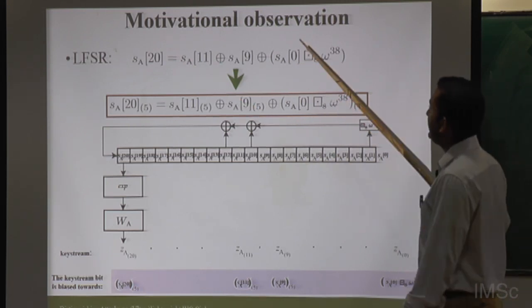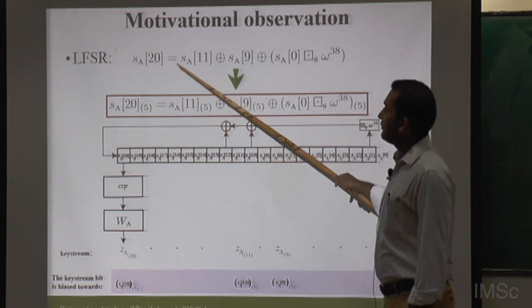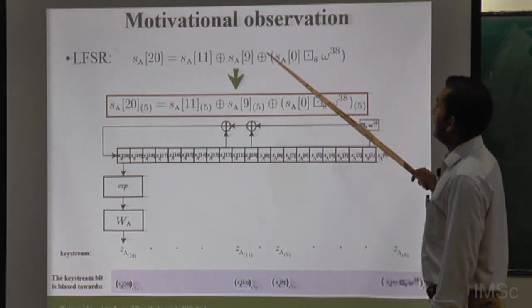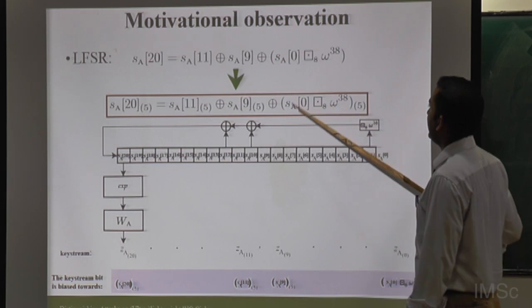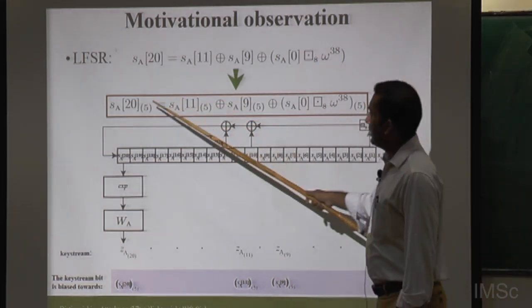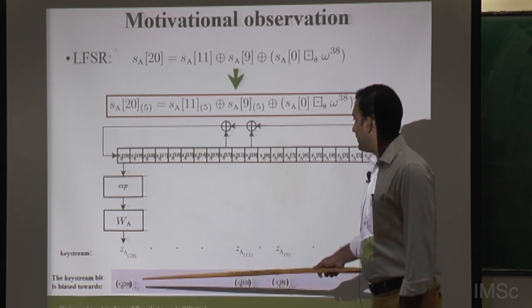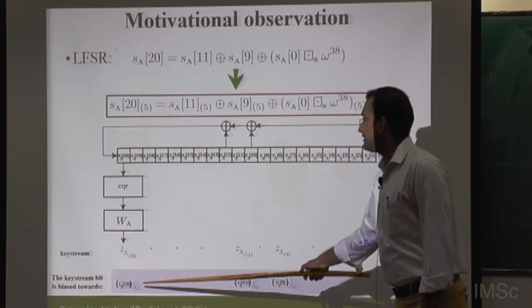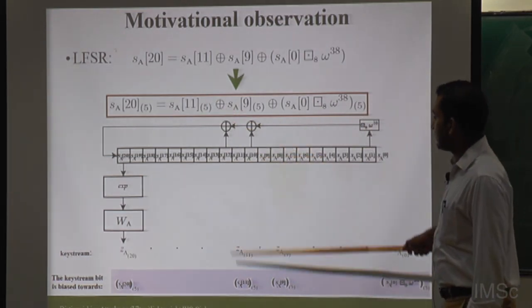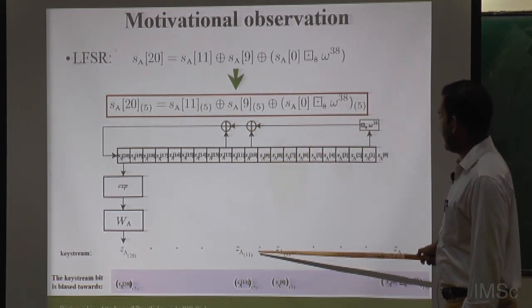Now since this is a linear relation, we can say that the fifth bit of SA20 is equal to the fifth bit of SA11 XOR the fifth bit of SA9 XOR the fifth bit of the product. Now we know that this particular value SA20 subscript 5 is biased towards ZA20. Similarly, SA11 subscript 5 is biased towards ZA11.